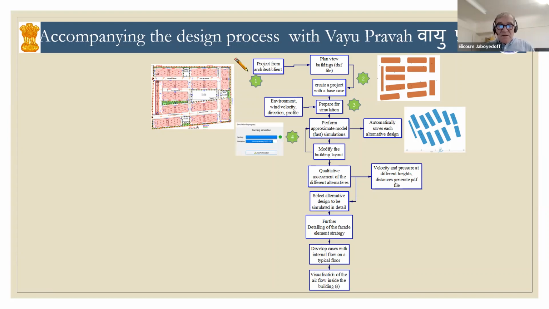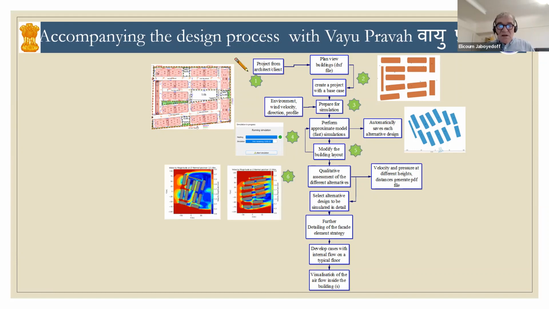And then after running the simulation, you can do a qualitative assessment of different alternatives, because once you have done one calculation, you can go back and add a new case, modify the case, or modify the version of the same case. I'll show you a little bit more about it later. You can generate PDF reports based on the results.